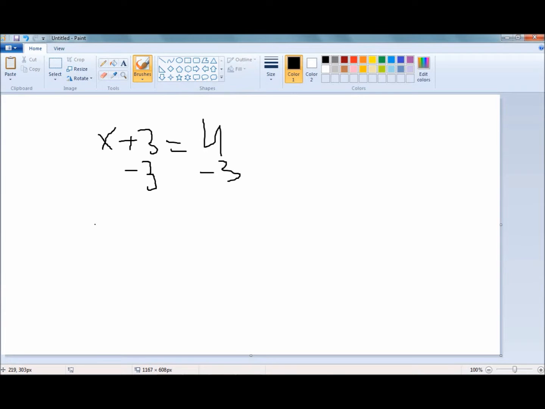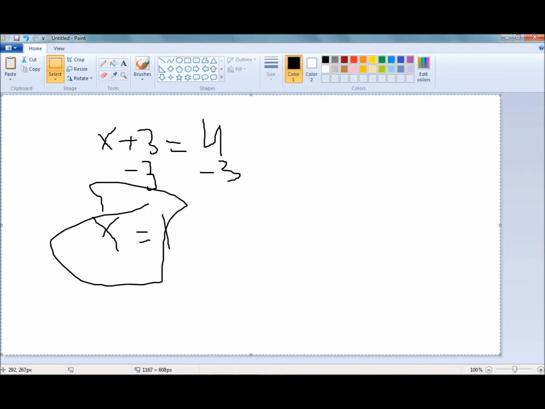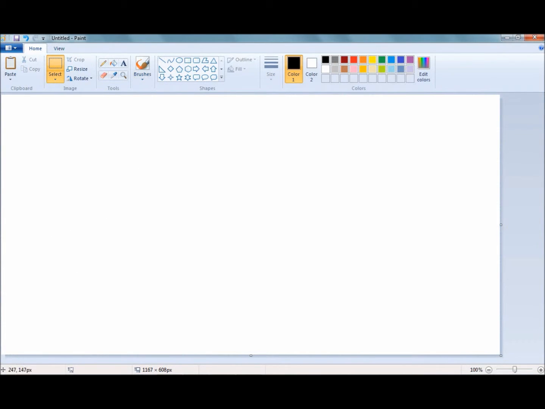I'm going to basically cover the basics of algebra really fast. So yeah, x equals 1, because if you subtract 3 from both sides, you get rid of that 3, and you get rid of 3 from 4, which is 4 minus 3, which is 1. So x equals 1, and we circle our answer very poorly because I don't like writing with a mouse.